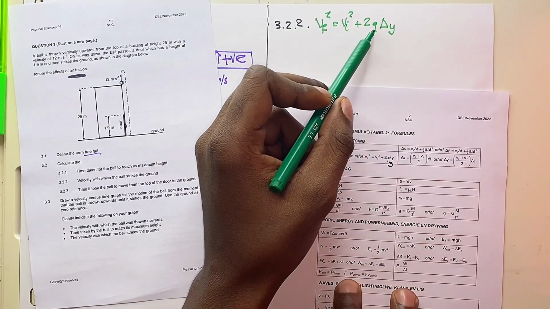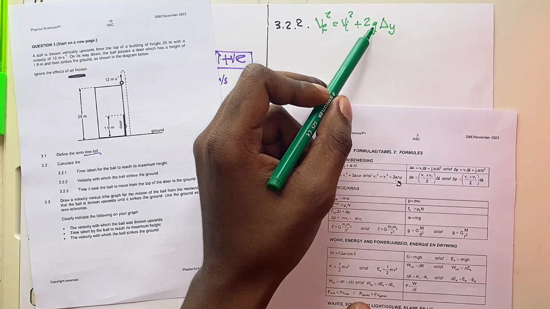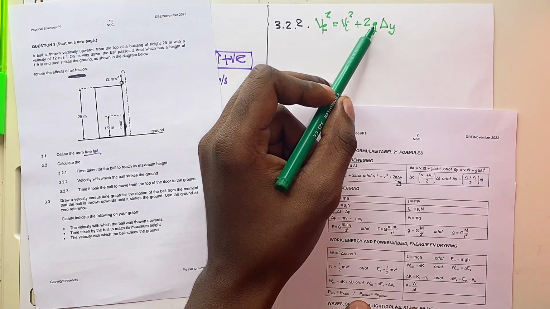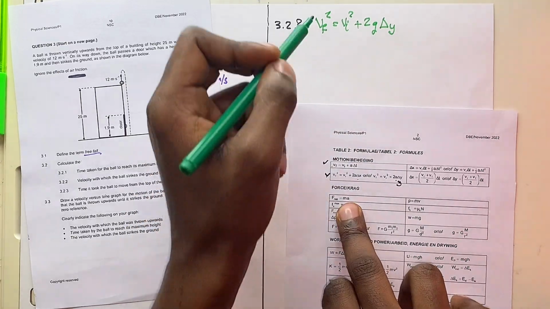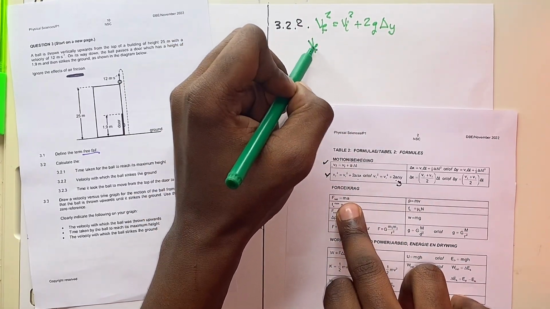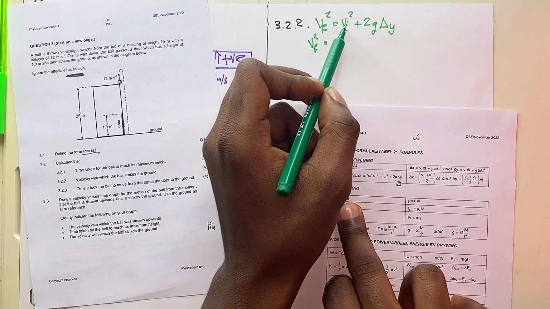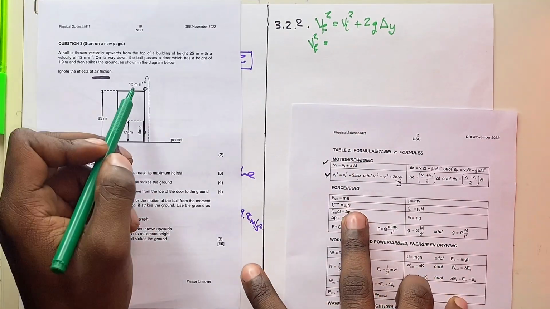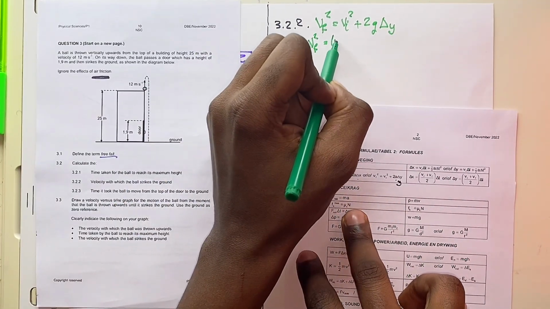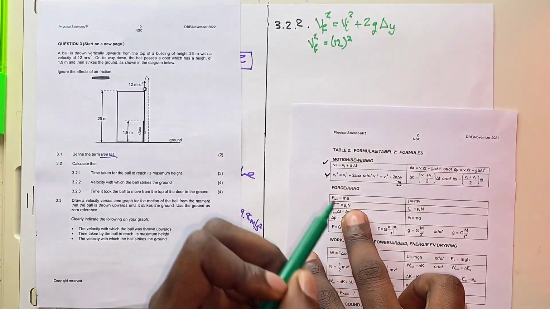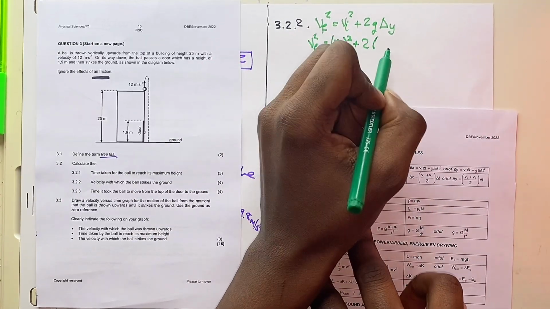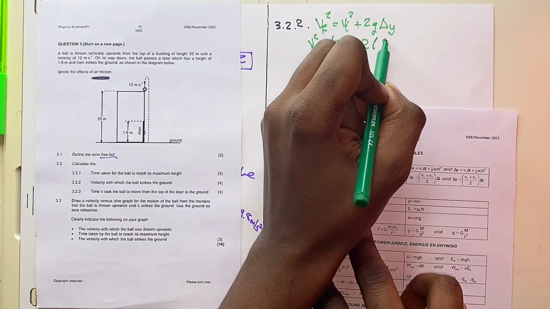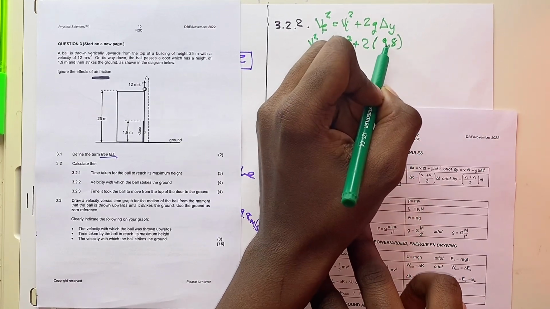Remember, I'm substituting a for g because the only force acting on the ball is gravitation. Therefore, I'm taking gravitational acceleration. Now, I substitute into my equation of motion. What is the initial velocity? I know that it went up at 12 meters per second, plus 2 times my gravitational acceleration, which is 9.8 meters per second squared.